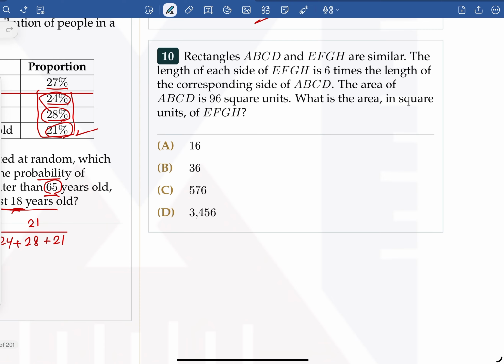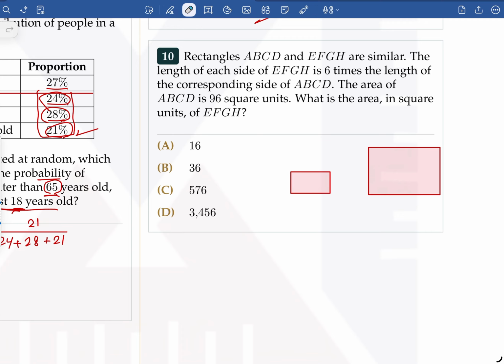Then question number 10. Rectangles ABCD and EFGH are similar. Similar means one of them is smaller in size than the other one. The length of each side of EFGH is 6 times the length of the corresponding side of ABCD. So EFGH is the greater one. So let's draw it here. And we have the smaller one here.